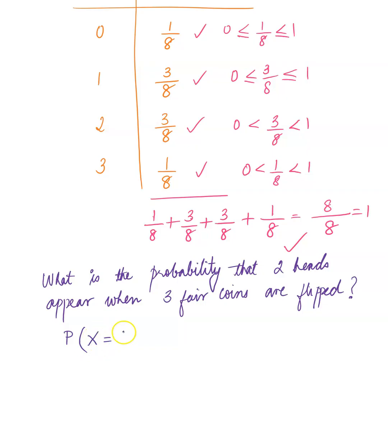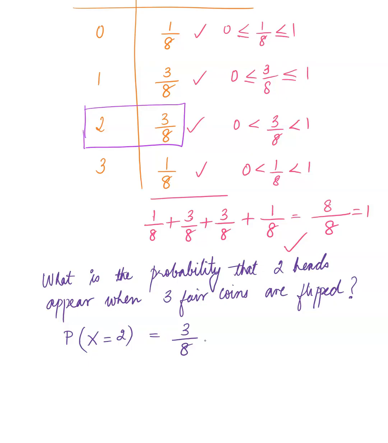So when x is equal to 2, what is the probability? All you have to do is go to the table and look at the row that has 2 heads. The corresponding probability is 3 over 8. So the probability when x equals 2 is 3 over 8.